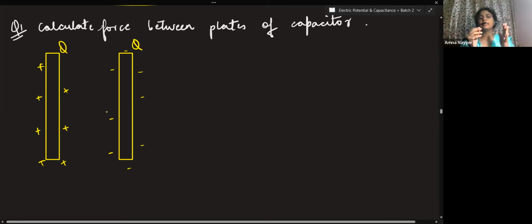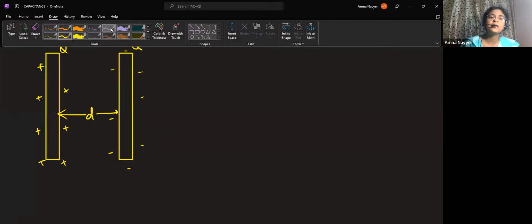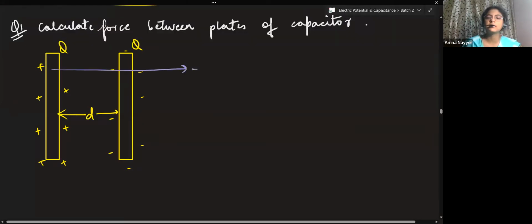Now see, if I ask what is the electric field due to this positive plate, let's say the separation between both the plates is small d. The electric field due to this positive plate will move away, the direction will be in this manner.